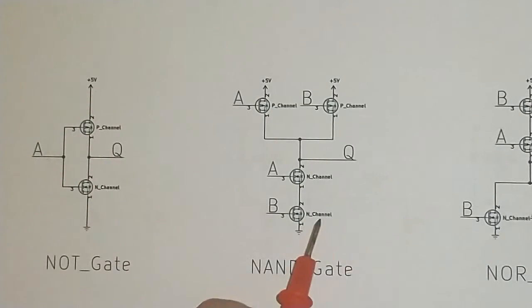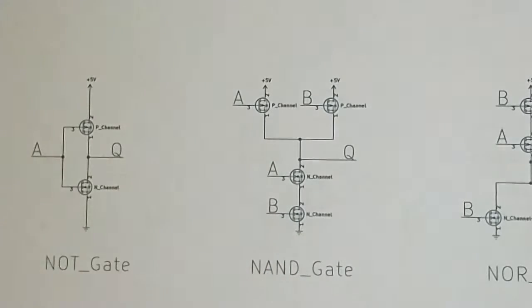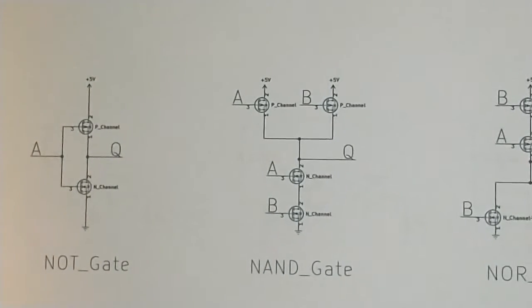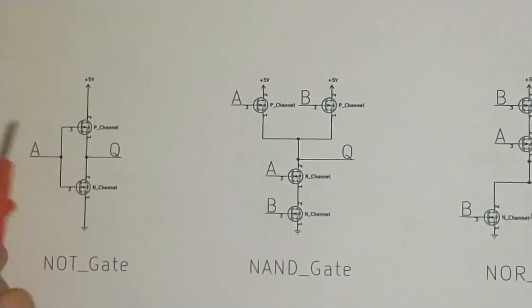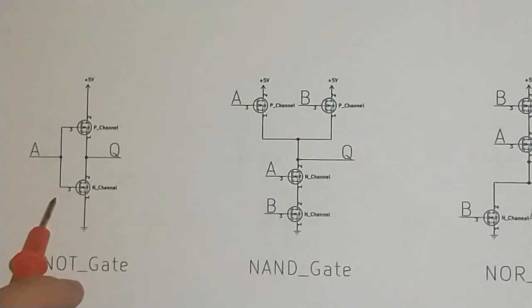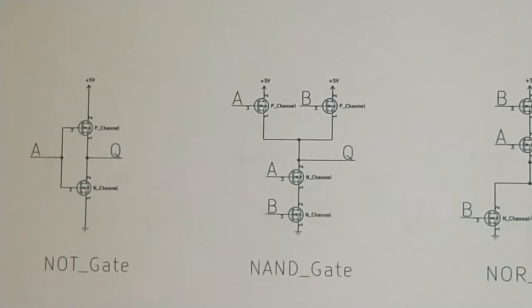So N-channel MOSFETs are a type of transistor which, when there is voltage applied to the gate, which is this pin number 3, the transistor acts like a short circuit. And when there is no voltage or ground voltage applied to pin 3 of this transistor, the transistor basically acts like an open circuit, so there is no current flowing through and there is no voltage.